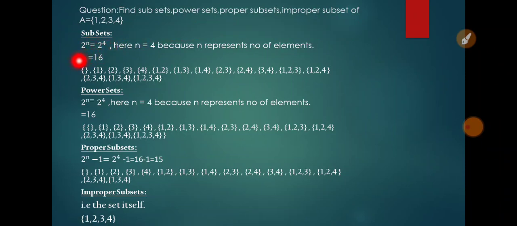Now for the subsets we have a formula that is called 2^n. Now what is n? n is the number of elements present in the set. Now 2^n is equals to 2^4, since the number of elements is 4. Here n is equals to 4 because n represents the number of elements.